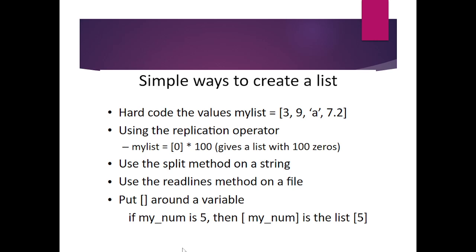Another way is to put list brackets around a variable. If my num is 5, then [my num] is the list [5], because we declared my num as 5.